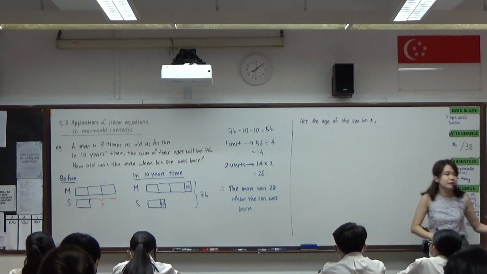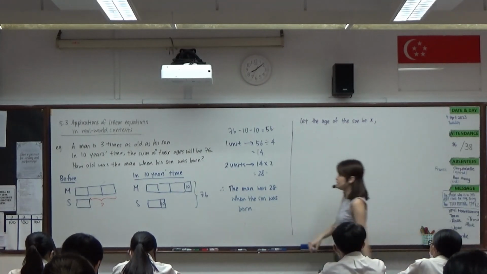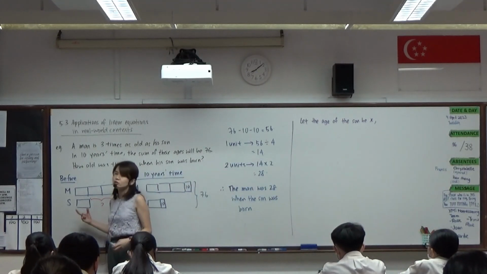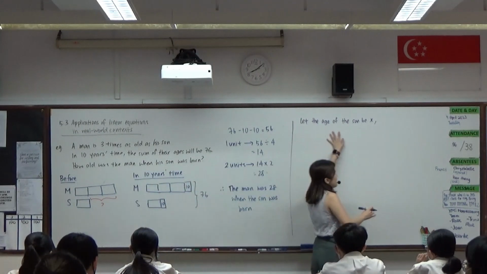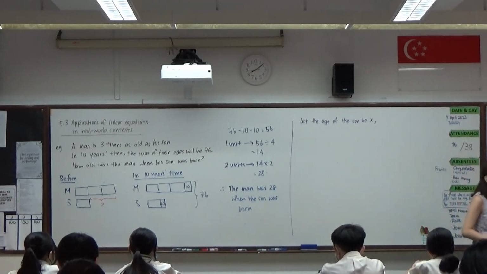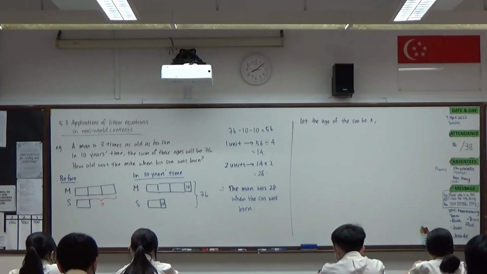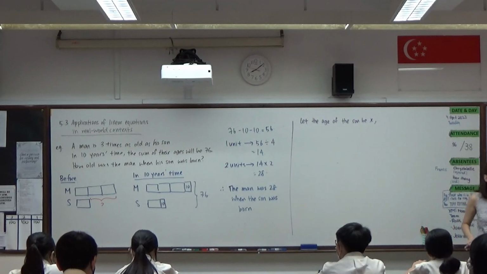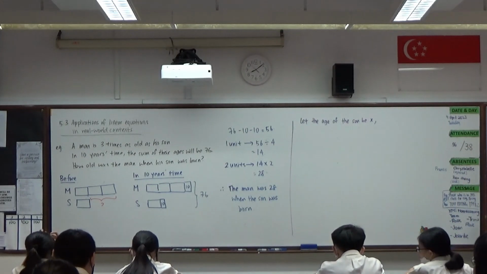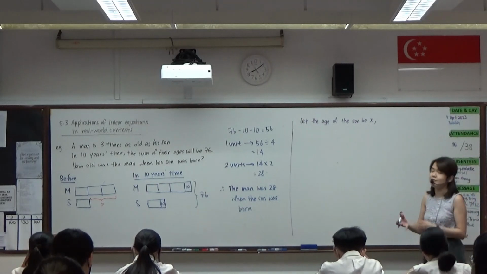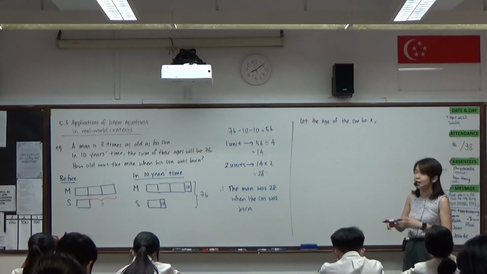That is like saying that 1 unit over here, 1 box over here, is going to be x. So this is what I mean by defining a variable. Most of the time the question will already tell you what x is going to be. Just that in our exercise questions that we see in textbooks, most of the time they don't define it for you. We need to learn how to define it.